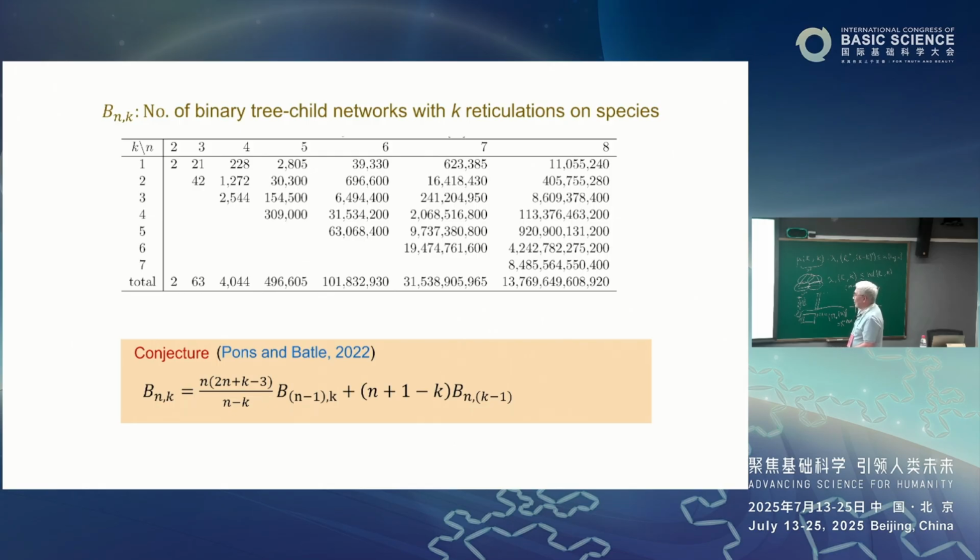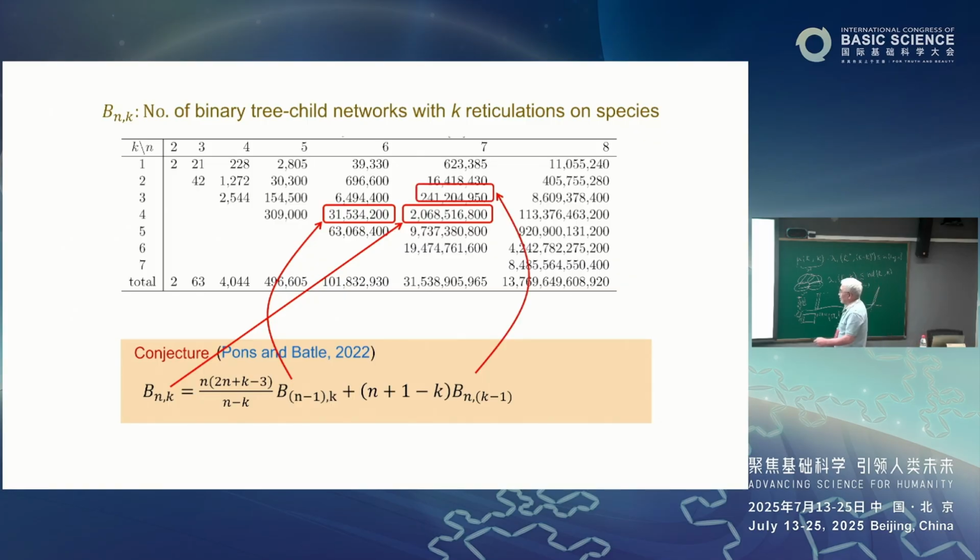We have this conjecture, which looks very straightforward. This is the number for n is 7, k is 4. You can use these 2 numbers to compute this number.